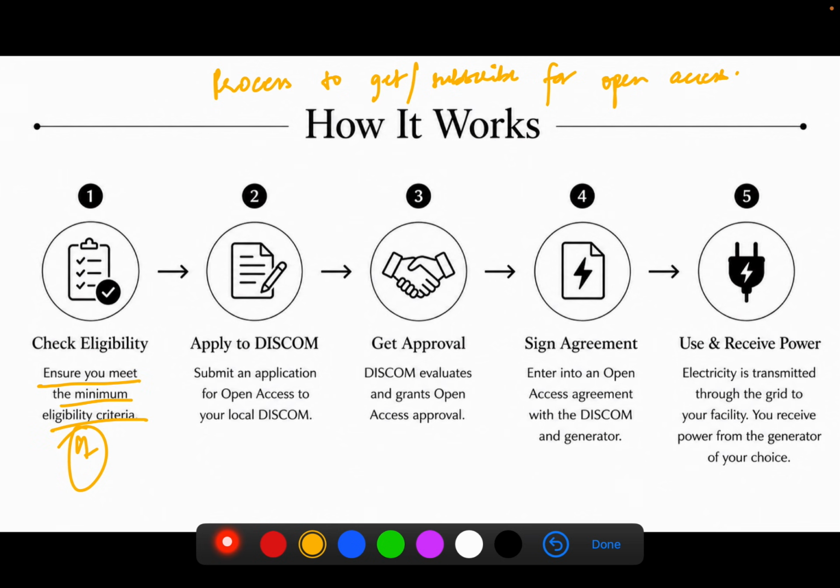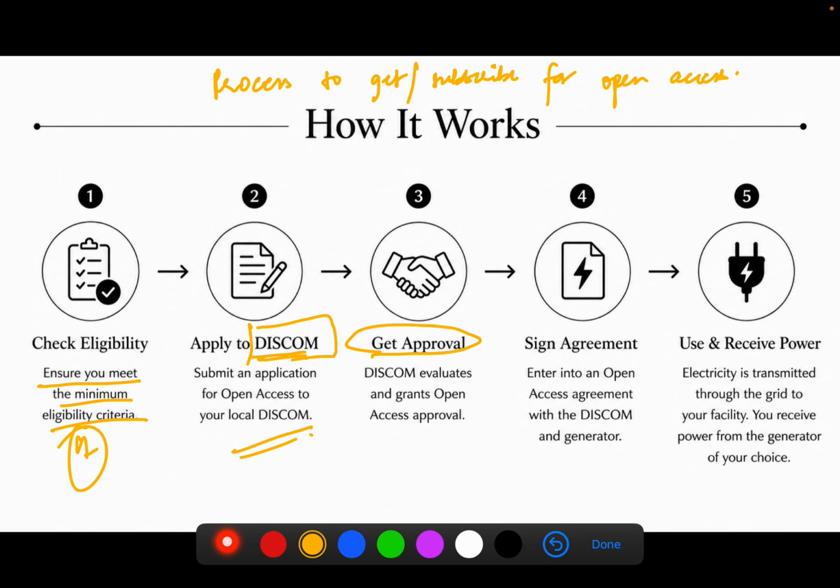Not everyone is eligible to seek open access. Once we check our eligibility, then we apply to a discom. As I said earlier, we do not need to buy from the discom, but even to get open access, we need discoms as intermediaries. So we need to submit an application for open access to the local discom.